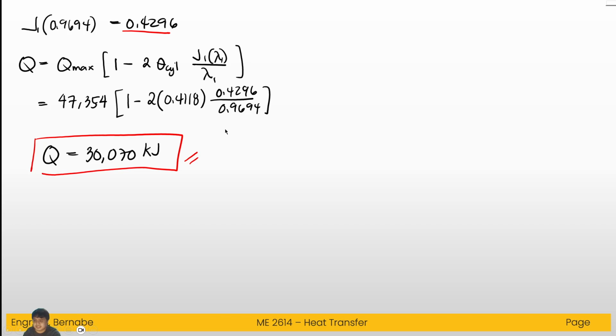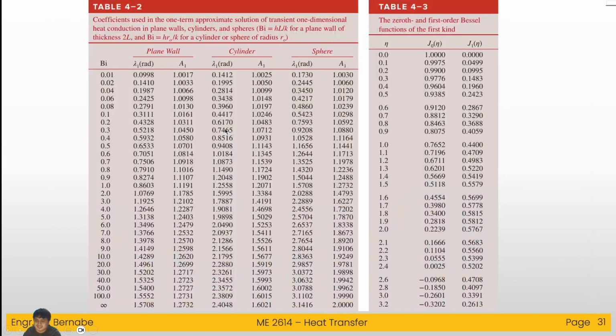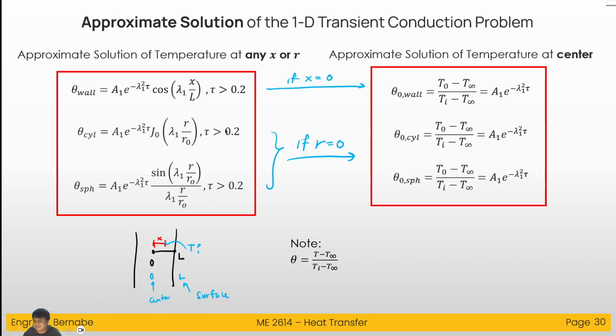Sorry, guys. I'll just check. For spheres, you have sine of zero over zero, but if you evaluate this it will be equal to 1.